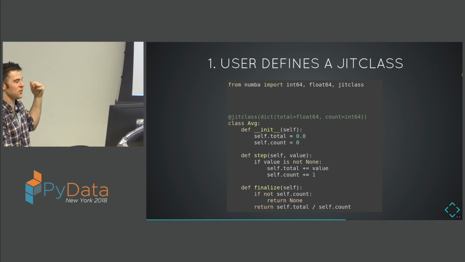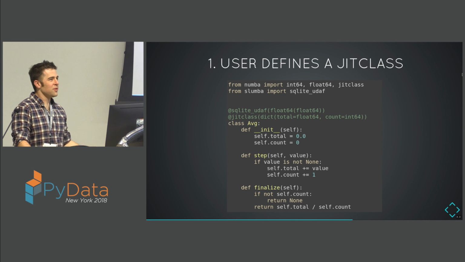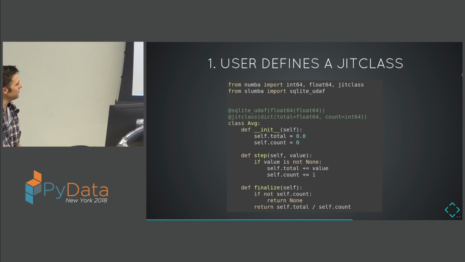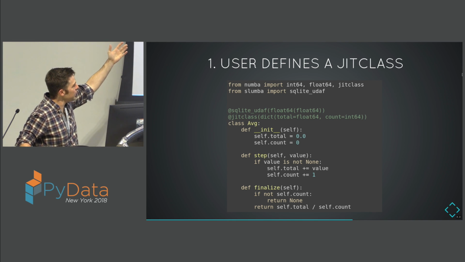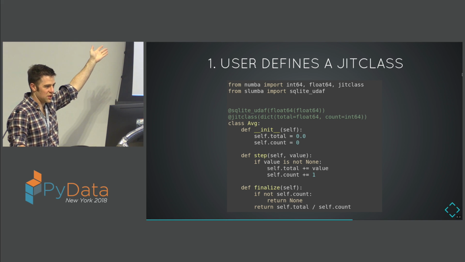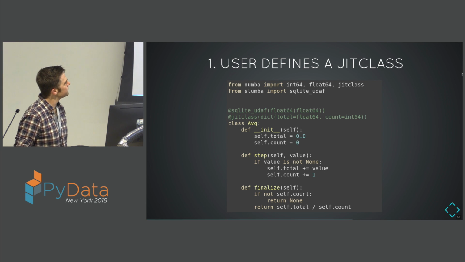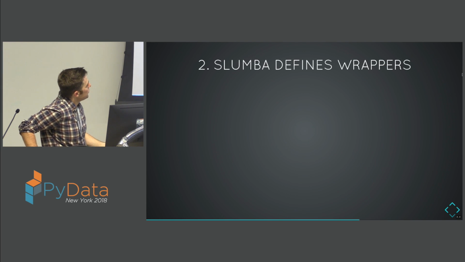I'm going to go through how you would use this stuff using numbskull. So you import another decorator. You give it a signature. You take your Numba JIT class, and then you write the same thing that you wrote before. That's the first thing you do.